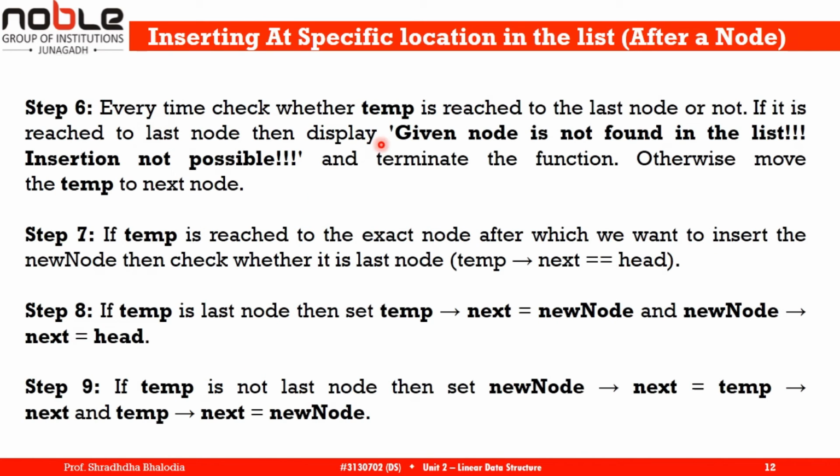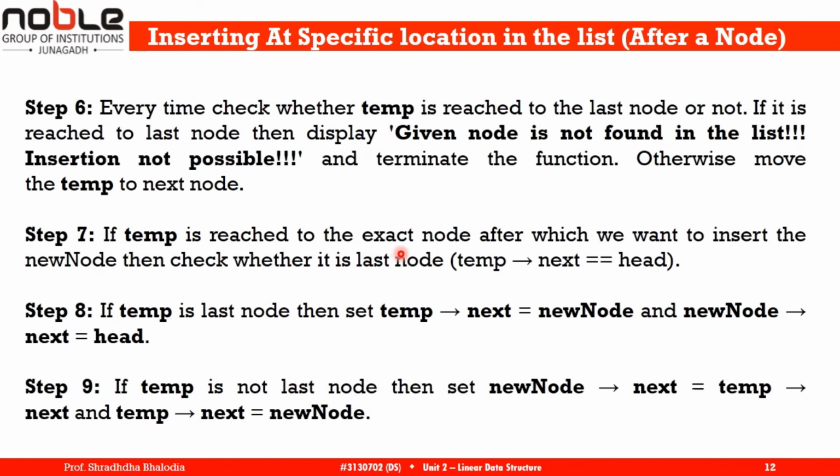Every time, check whether temporary has reached the last node or not. If it has reached the last node, then display that the given node is not found in the list, insertion is not possible, and terminate the function. Otherwise, move temporary to its next.